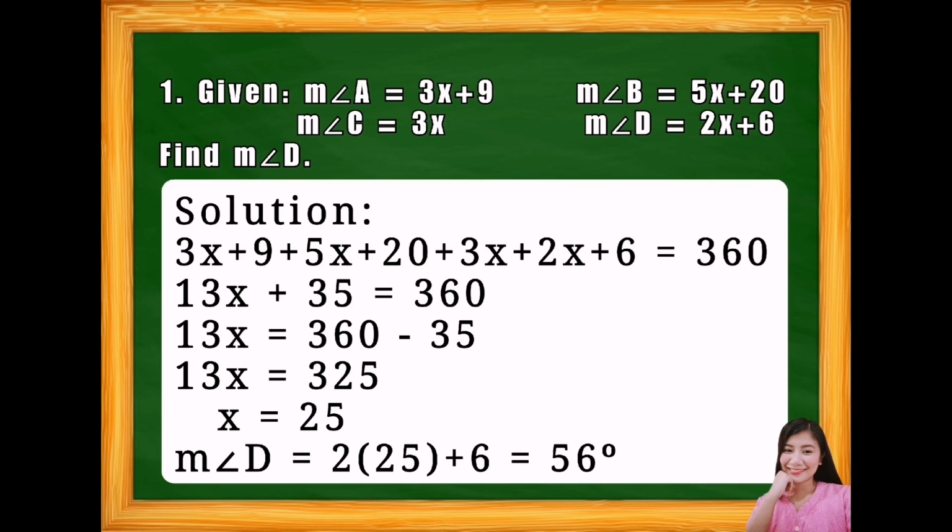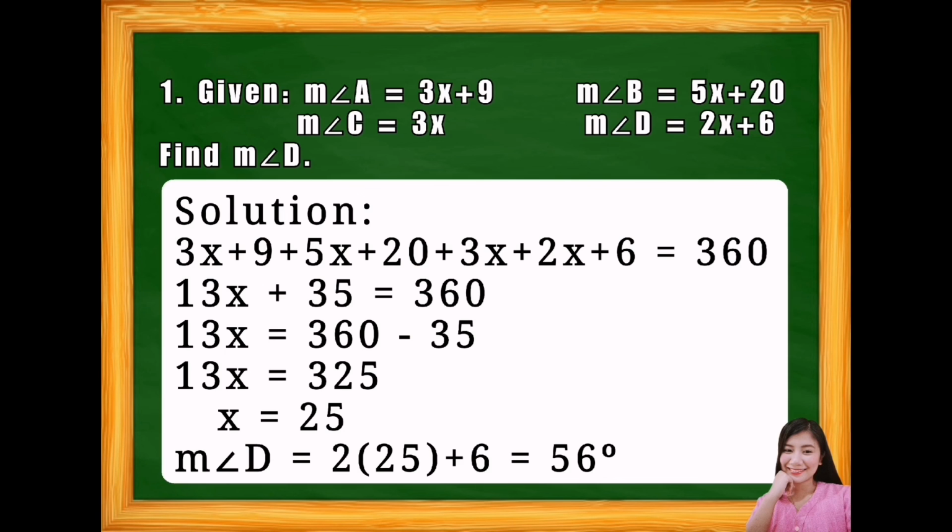Then transpose positive 35 to the right side, so that will become negative 35. Let us simplify. Bring down 13x is equal to 360 minus 35, that is equal to 325. Then 325 divided by 13 is equal to 25. So the value of x is equal to 25.